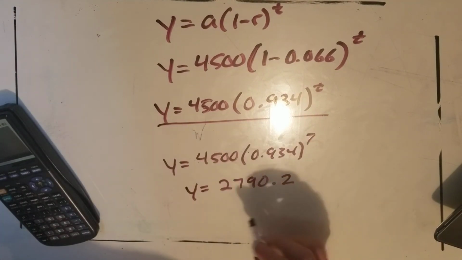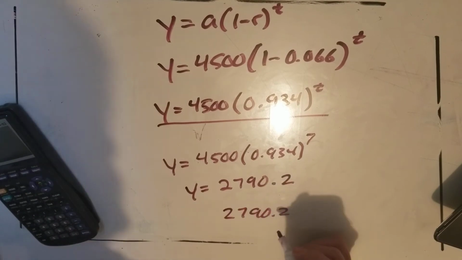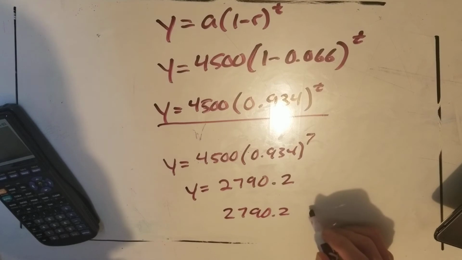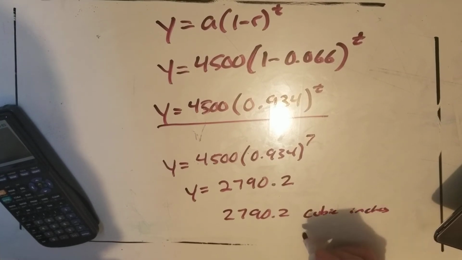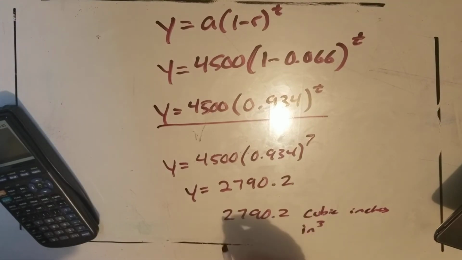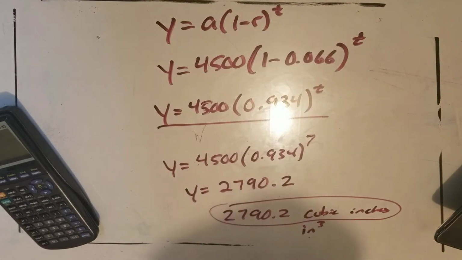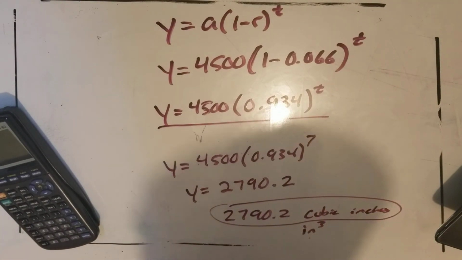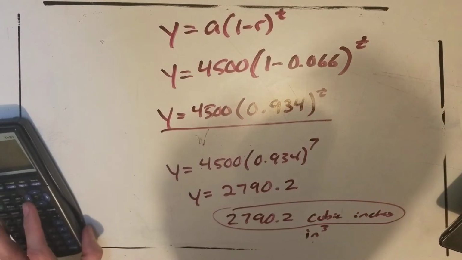So you round to the nearest tenth, you have 2,790.2, and our unit here would be cubic inches, or just inches cubed. Both are good labels. This is probably better. Okay, so that would be a classic decay function.